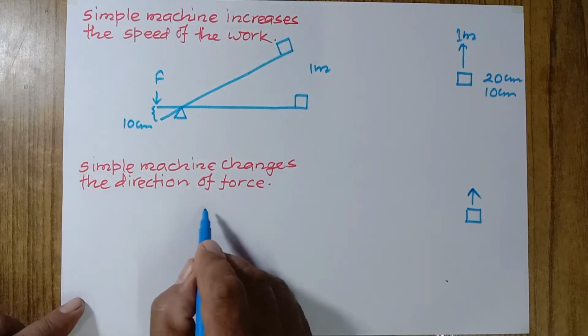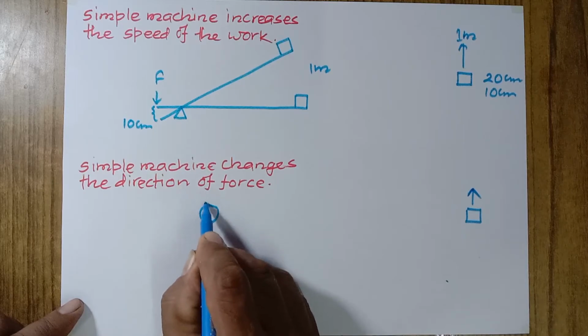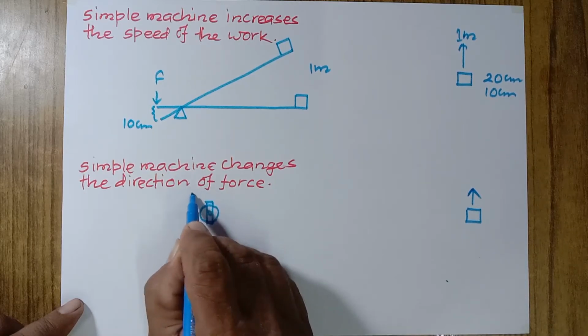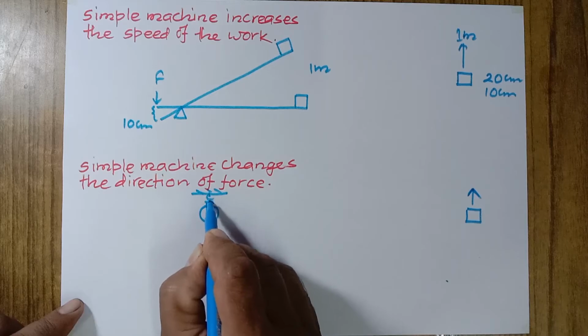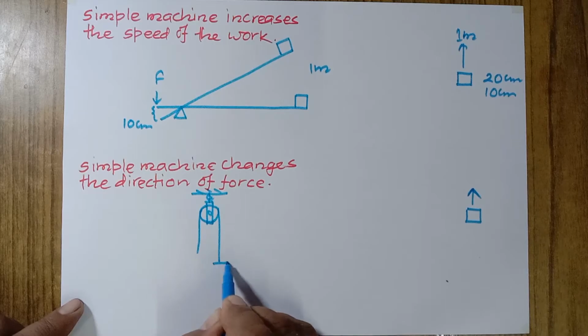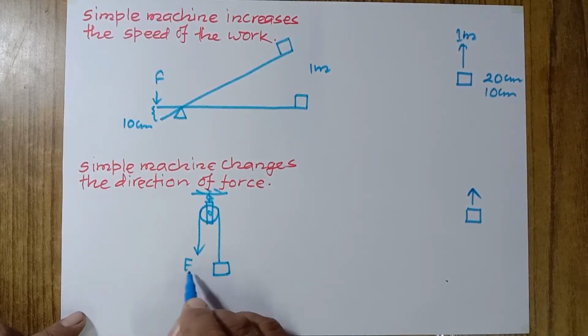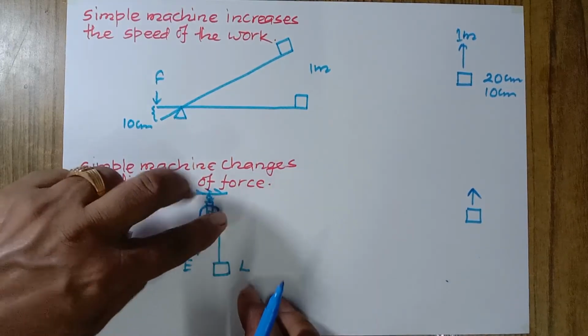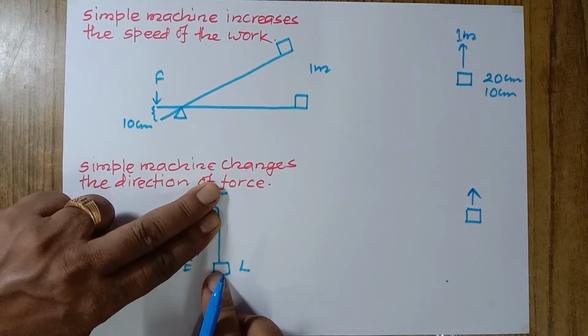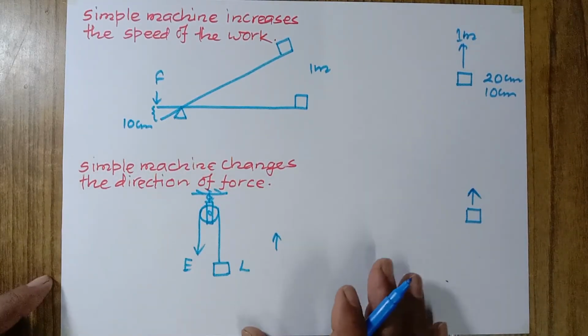In the same way, there is another very good example. This is a single fixed pulley, which is fixed at a certain rigid support here, and a rope is passing through a sheave. At one end of the rope the load is connected, and at the other end effort is applied. Without this single fixed pulley, if you want to raise the load vertically upward, the direction of force will be vertically upward, with no change of direction of force.